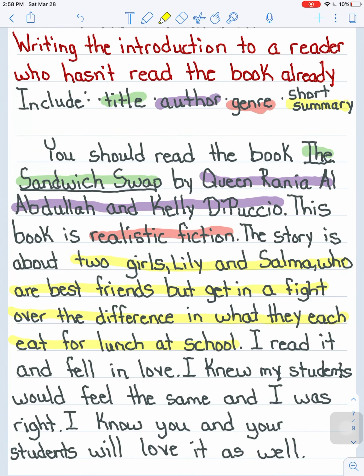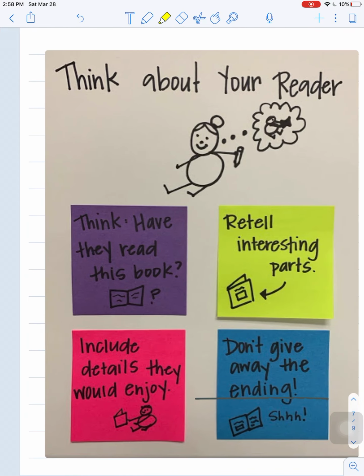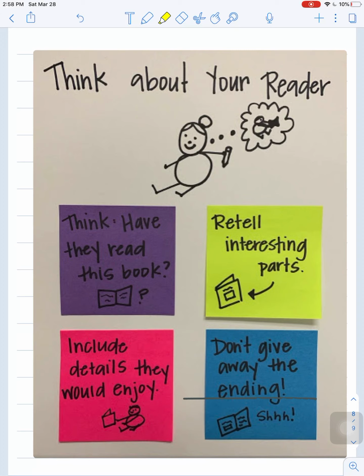And your job today is to revise and add to your introduction. And you're going to make it sound like you're talking to that person. And you want to keep in mind these 4 things. You want to think about, have they read the book or not? You want to make sure you're retelling interesting parts in your summary and you're including details that they would enjoy.